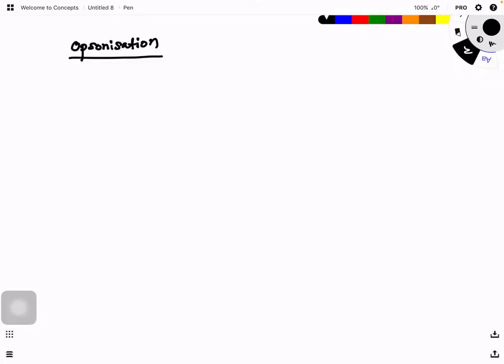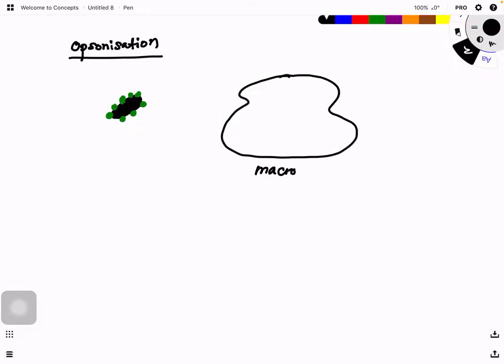Now what actually happens here is I have the pathogen with the cell surface antigen. And I have the macrophage. So this is the pathogen. Macrophages are phagocytes. Are you clear?